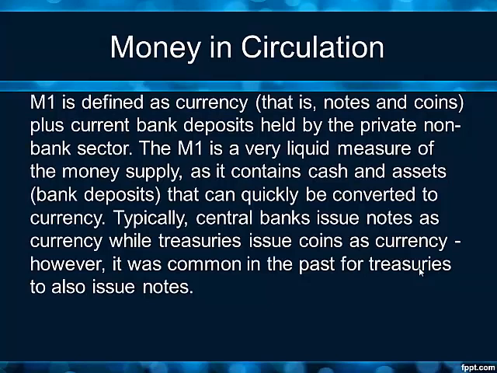Basically, as we go through definitions M0, M1, M2, M3, M4, these are financial assets with varying degrees of liquidity. So liquidity is the speed with which you can convert something to cash. So for example, a house is an asset, but it's not very liquid. It takes a long time to get cash from it.